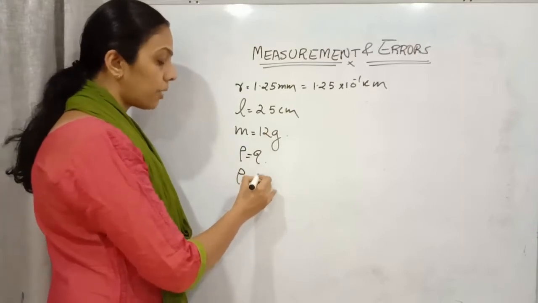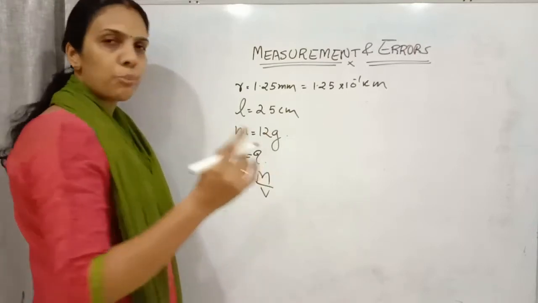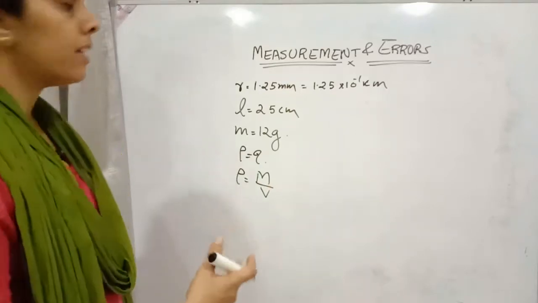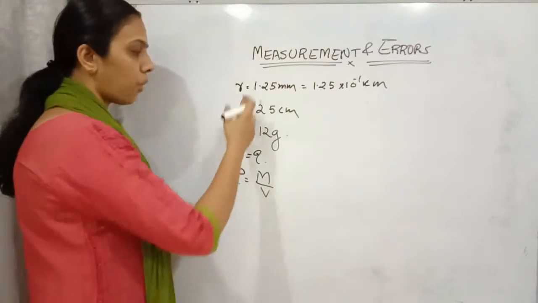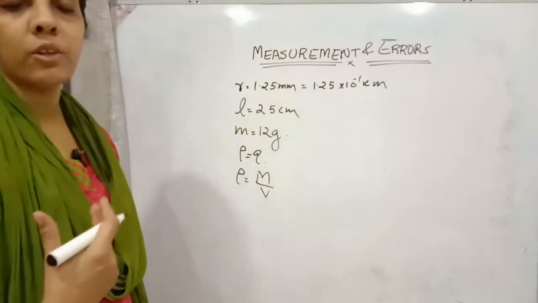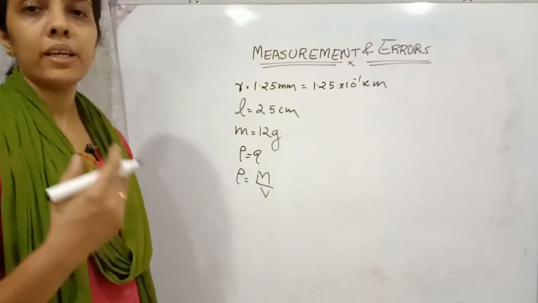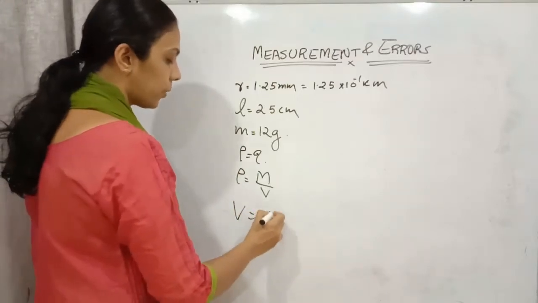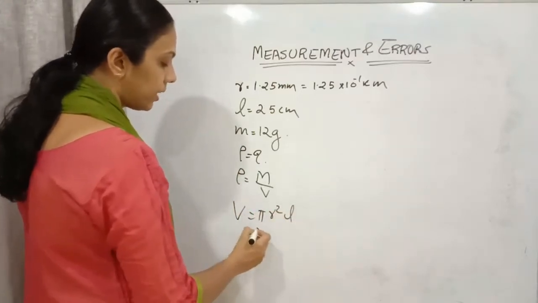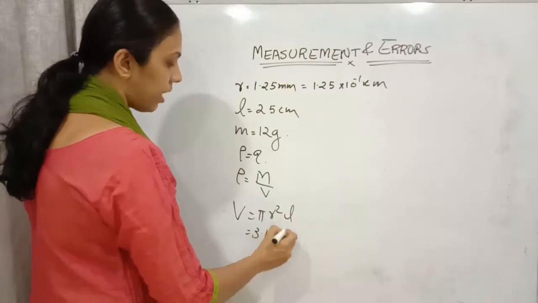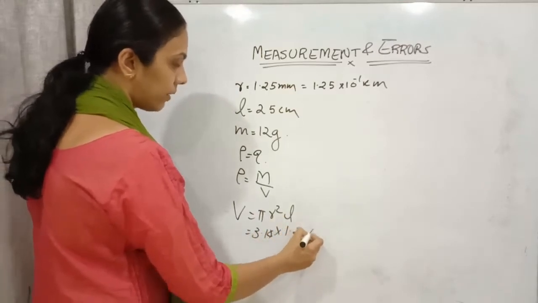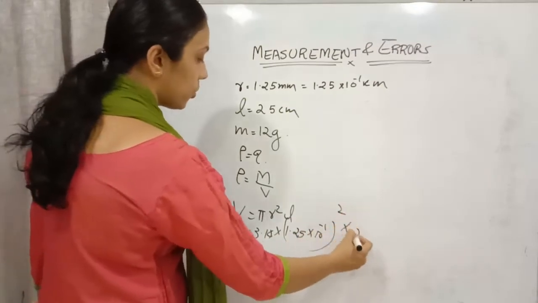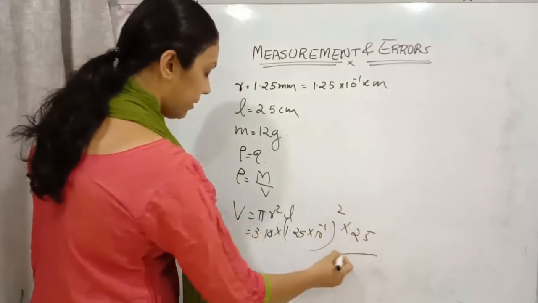Density, what is the formula? Mass by volume. For the past 2-3 days we are doing the same kind of problems only. So density equals mass by volume. For a wire, how do we find the volume? Pi r square L. So V equals pi r square L, that is 3.14 into (1.25 into 10 to the power minus 1) the whole square into 25.